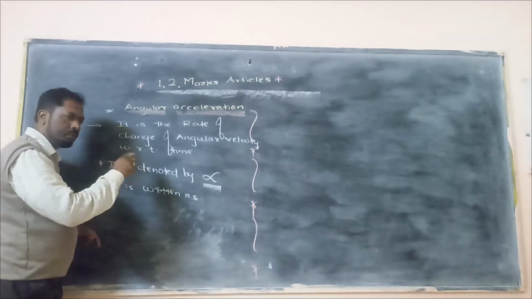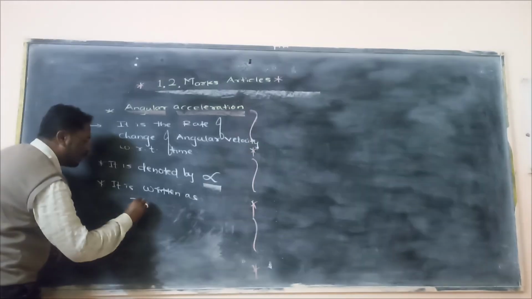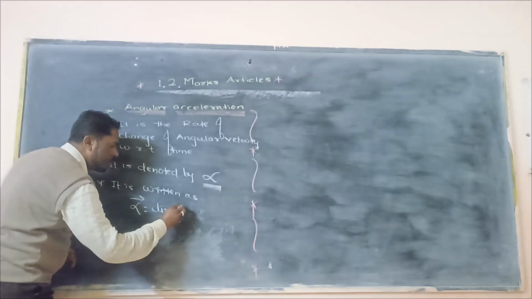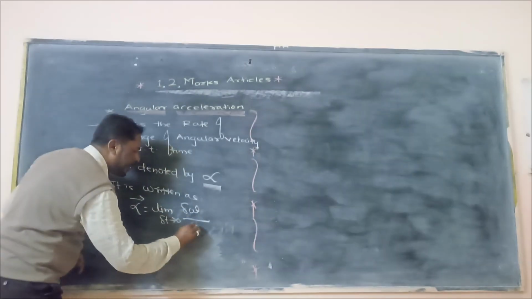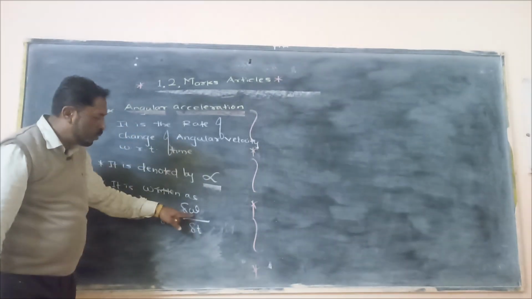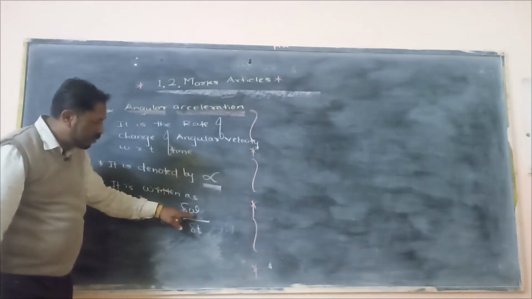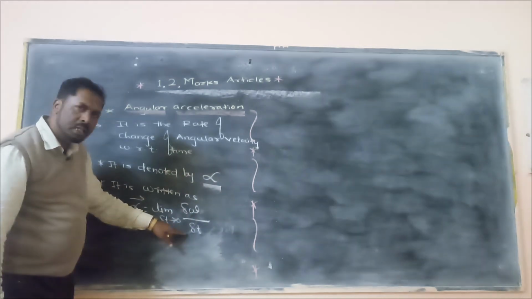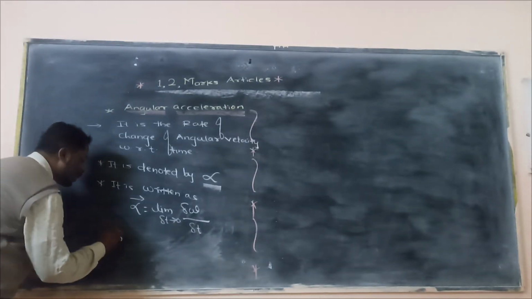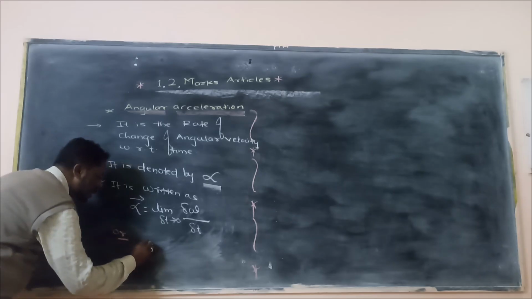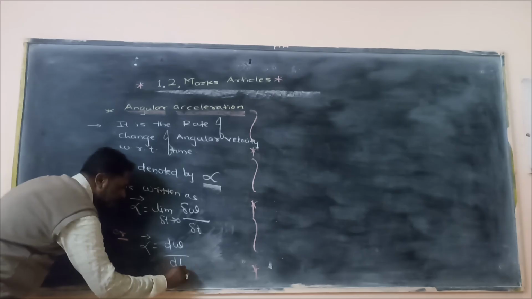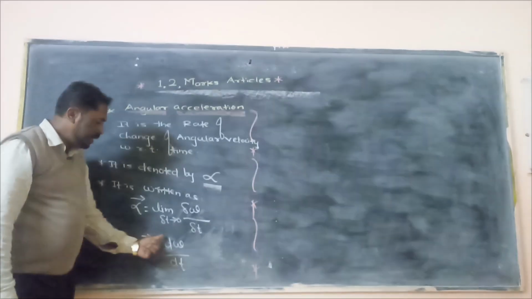First, in the form of delta, that is vector alpha is equal to limit delta t tends to 0 delta omega upon delta t. Delta again stands for change in omega. Omega means angular velocity. Or in the form of d, that is vector alpha is equal to d omega by dt.